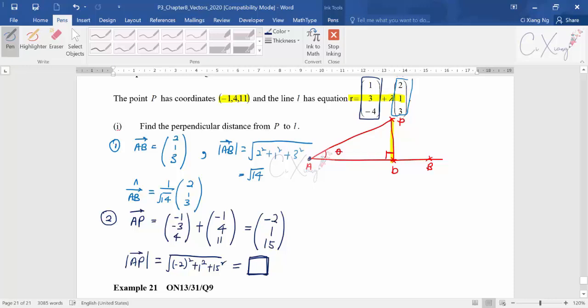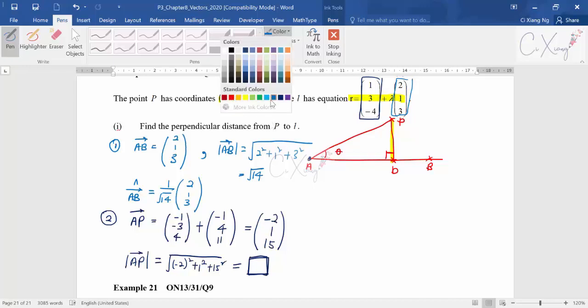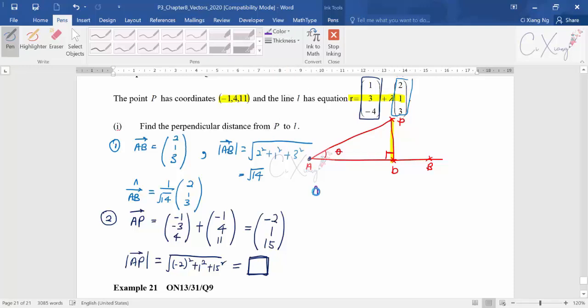Then after that, you need to find out the modulus of AD. Okay, so how to find out the modulus of AD in our notes? Okay, so modulus of AD, at first, you need to find out AC dot AB first.